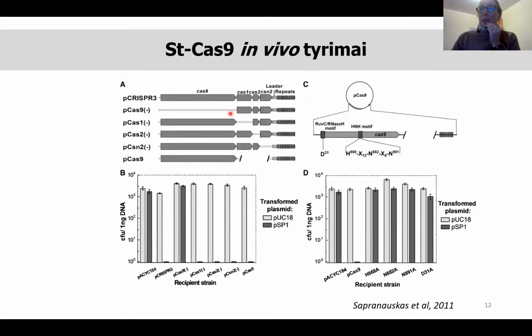And then they tried knockouts, as somebody suggested. It turned out that the only protein important for interference is Cas9, because Cas9 knockout completely removed the ability to restrict plasmids.